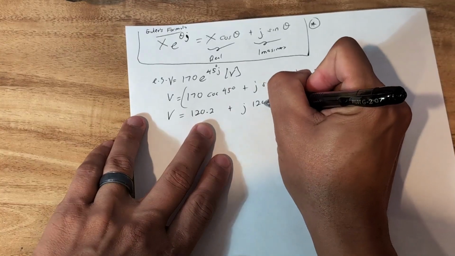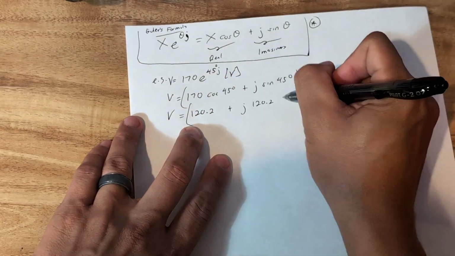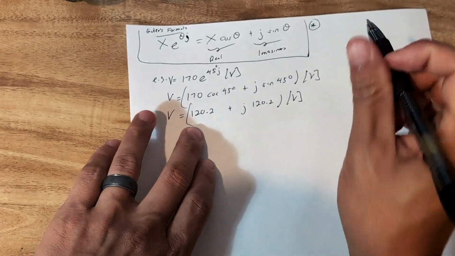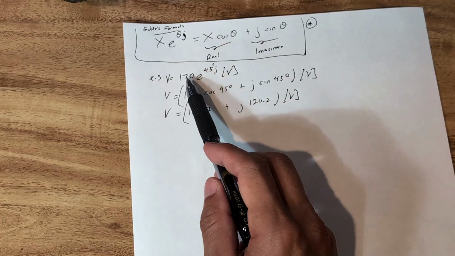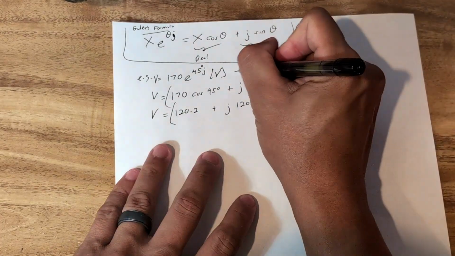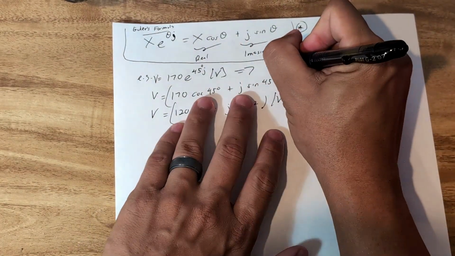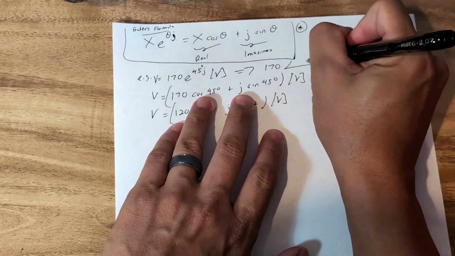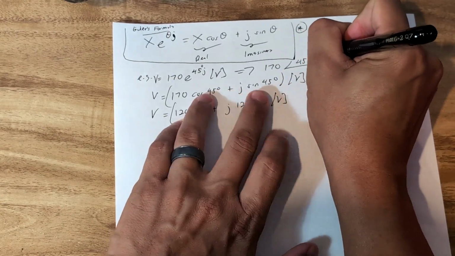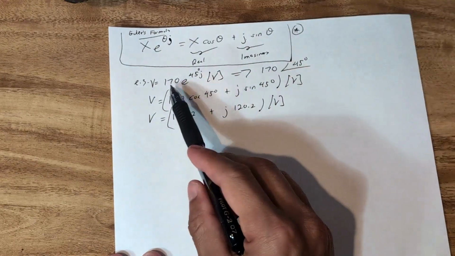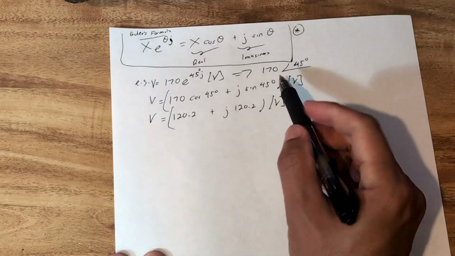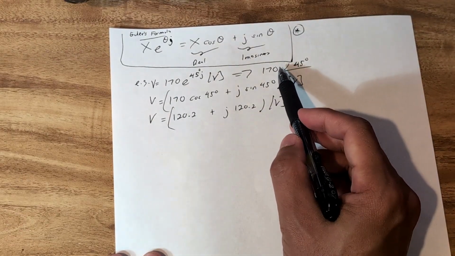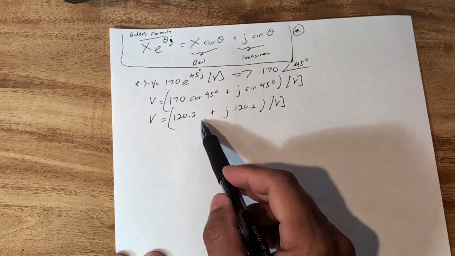So this is going from polar form, and by the way, this can also be written in shorthand form as 170 with an angle of 45 degrees. That's another way to write this polar form. So we're converting this from polar form to rectangular form by using Euler's formula.